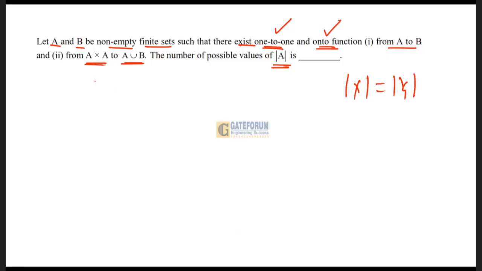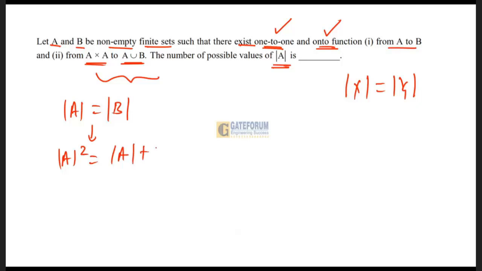Hence we can conclude from here that A will also equal B, and that will lead to the result that if I write A squared, I can write it as A plus B, because both are equal, minus A intersection B. So the number of possible values of A is, we need to check manually.